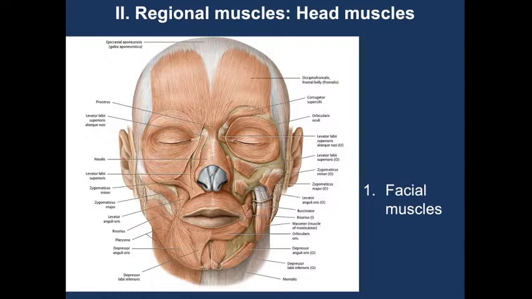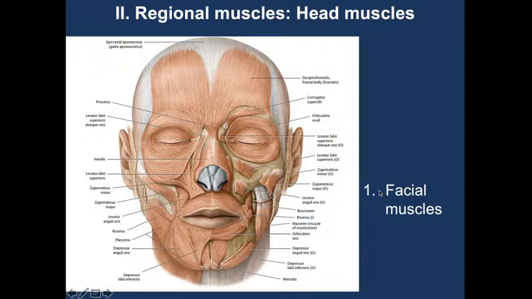The last part of our lecture, we do not have enough time for, but I'd like to give you this part for your personal education, and we could talk about head muscles.